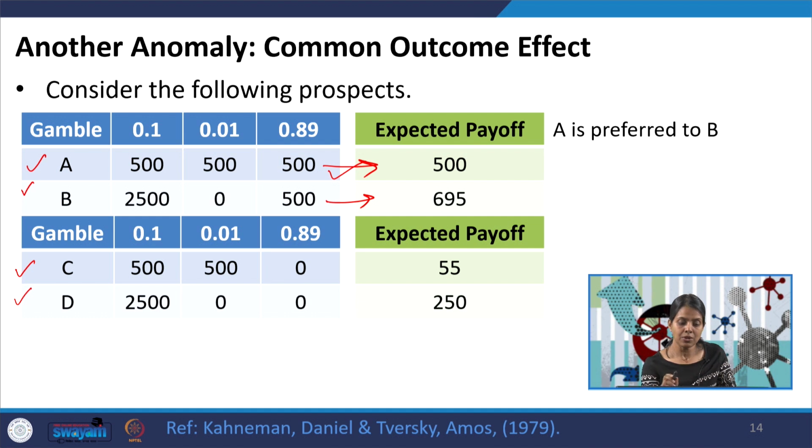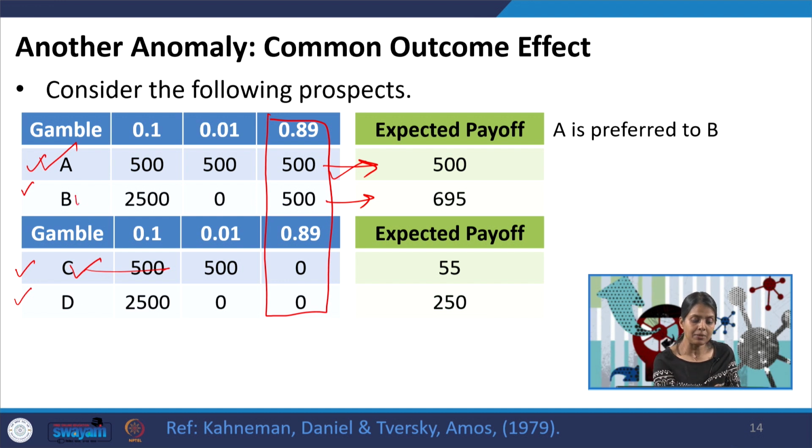Now, you notice that if I remove this third column, then gamble A and gamble C are identical, and gamble B and gamble D are identical. I repeat, if I do not include the last column, then gamble A and gamble C are identical with the probabilities, and gamble B and gamble D are also identical along with the probabilities, right.